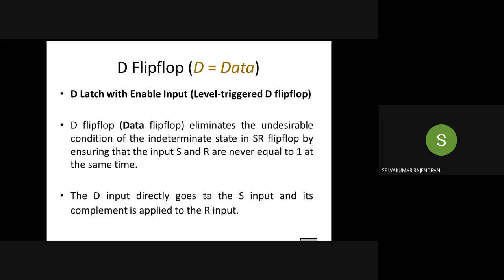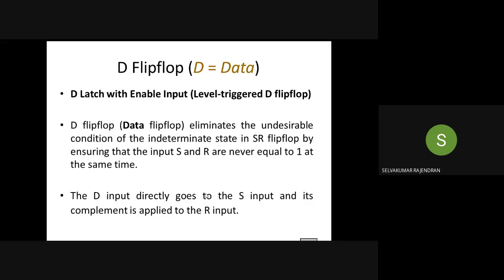What is the purpose of this second type of flip-flop, the D flip-flop? Why are we going for another type? As seen in the SR flip-flop, when you apply S equal to 1 and R equal to 1, the SR flip-flop produces an invalid output. Both Q and Q bar will be logic 1, which is not allowed in a flip-flop.